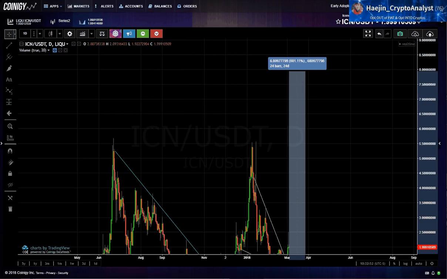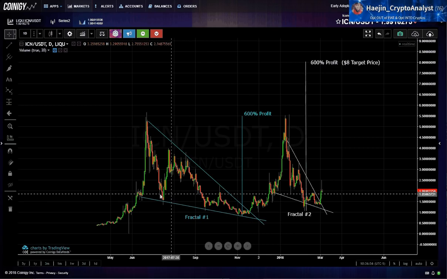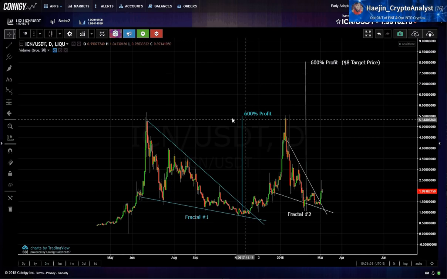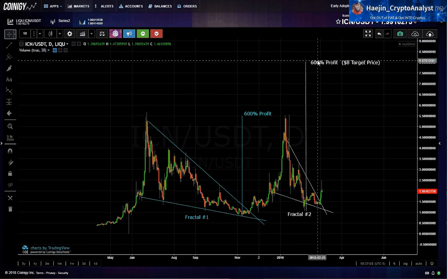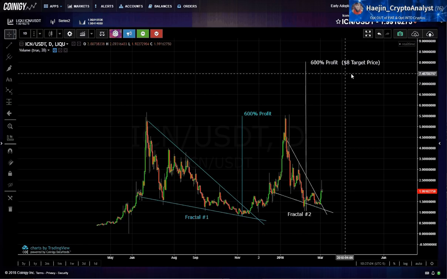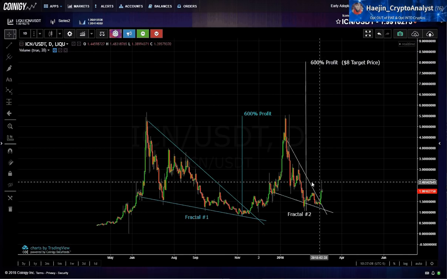So if it made 600%, so this is redrawn. The breakout from the first fractal gave us 600%. If we can extrapolate approximately 600% for the next breakout as well, that'll bring us to a target price of around $8. Now I know that this fractal is smaller in proportion than this.